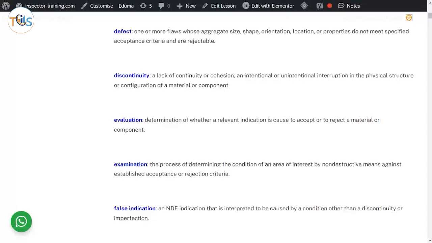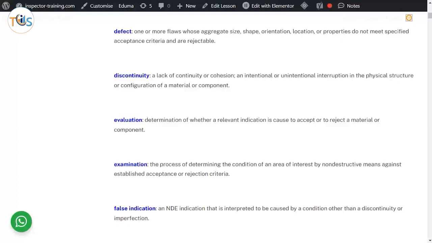Evaluation is determination of whether a relevant indication is acceptable or not. So when you look at an indication or a flaw or a discontinuity, first you need to find out what it is. I mean, shape-wise, size-wise, type-wise, what was the reason for that? And that's called interpretation.